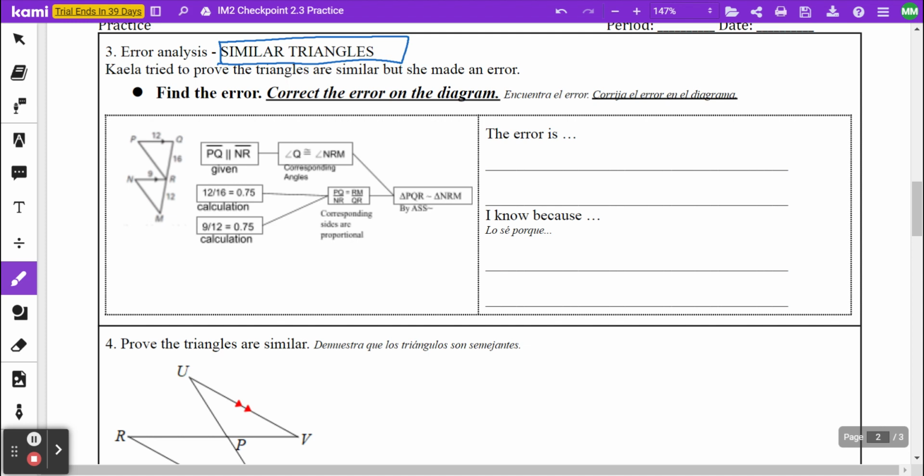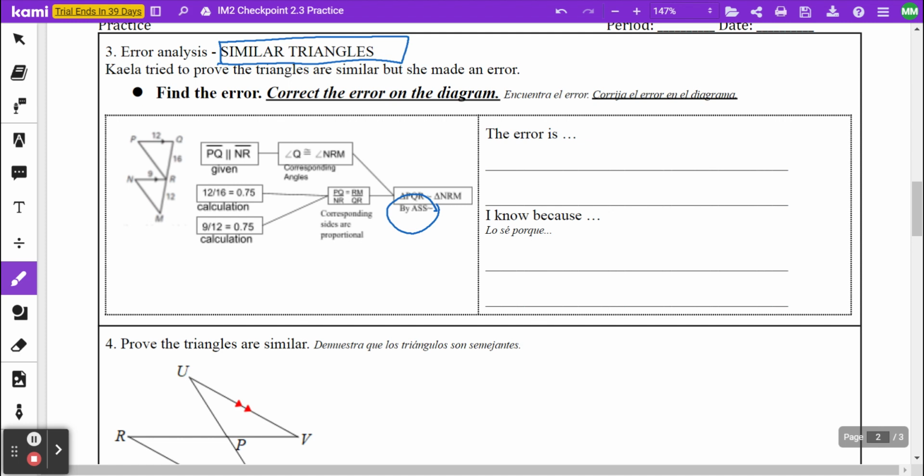And it does not work for similarity. So that is definitely an error. Let's see if I can find another one. I'm still looking. Angle Q is NRM. That's true. But yes, it appears that the error is in the congruence statement.